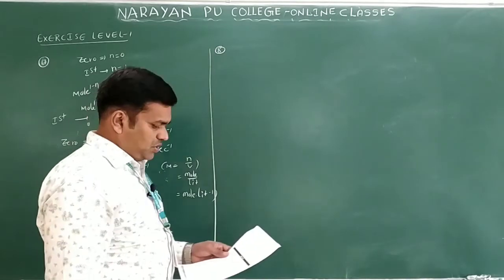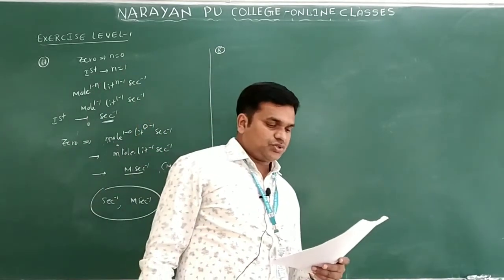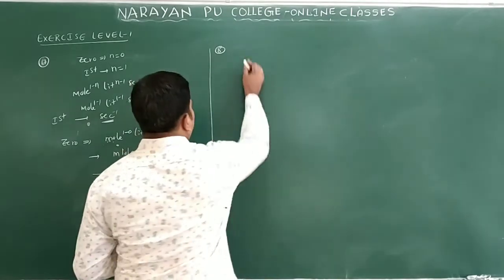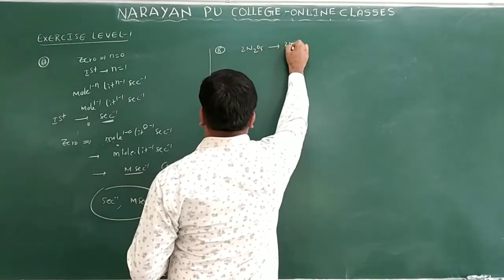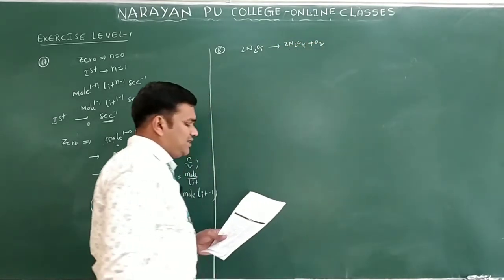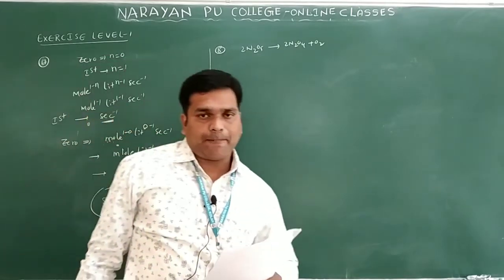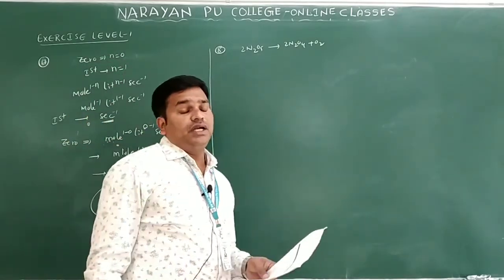Now, we will see question number 8. The reaction 2N2O5 gives rise to 2N2O4 plus O2. So what kind of reaction are they asking about? Generally, this is the decomposition of N2O5.